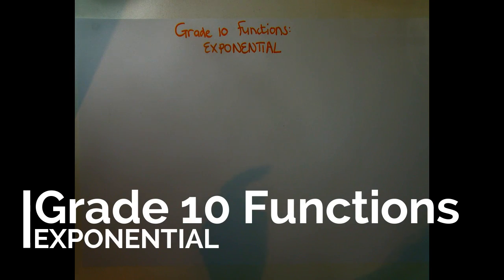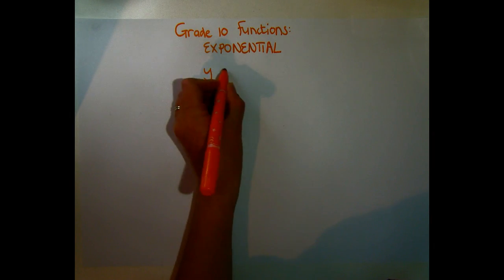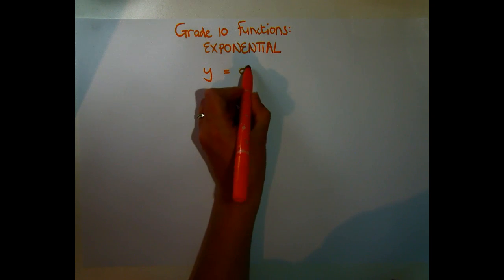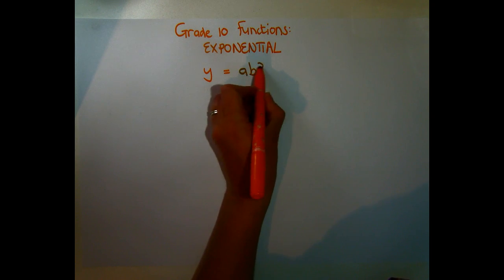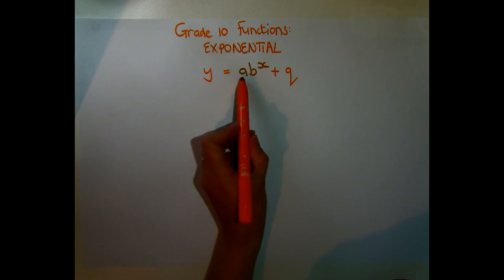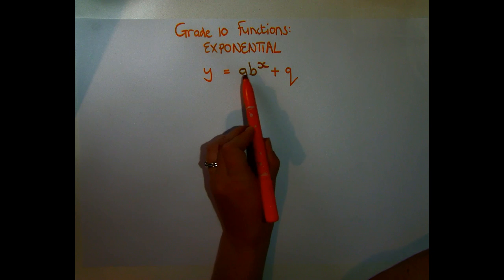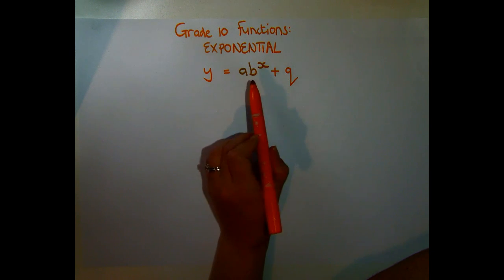The formula that's going to tell us that a graph is an exponential graph, by which we mean it grows extremely quickly, is this: y equals a constant multiplied by another constant to the x plus a q. So here, what's different to what we've used before is the fact that there are 3, not just 2.